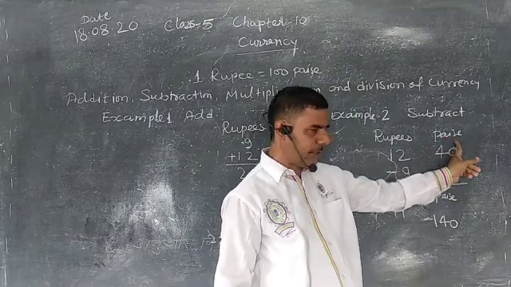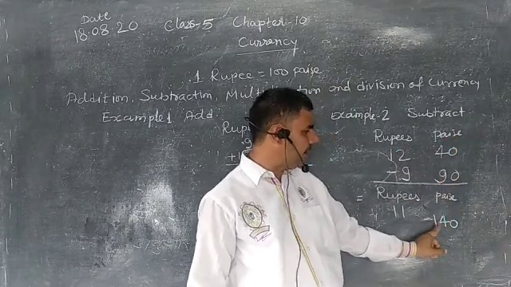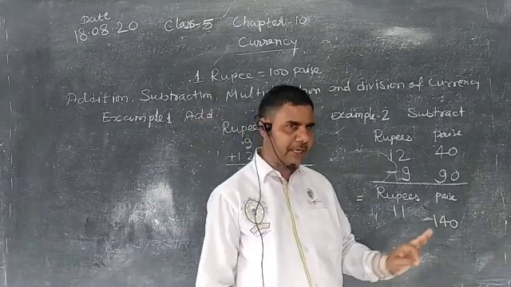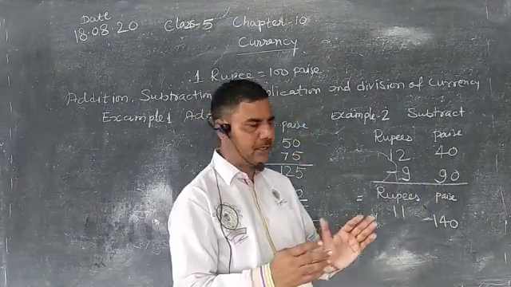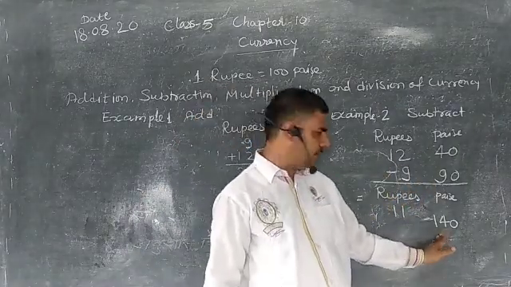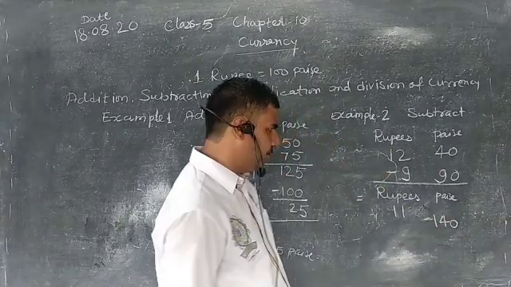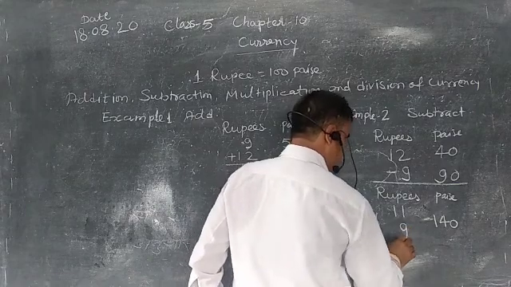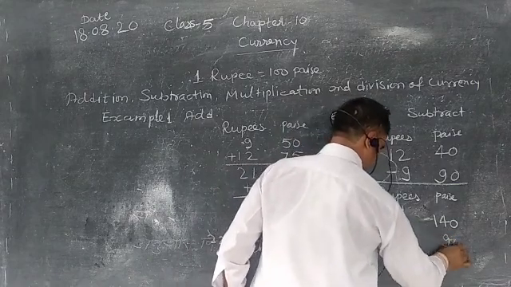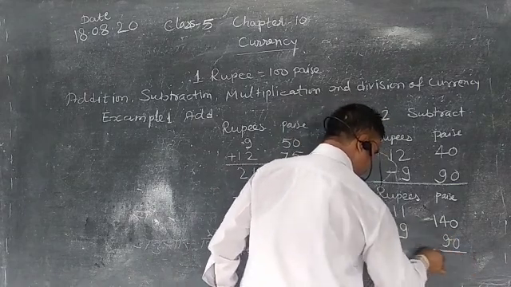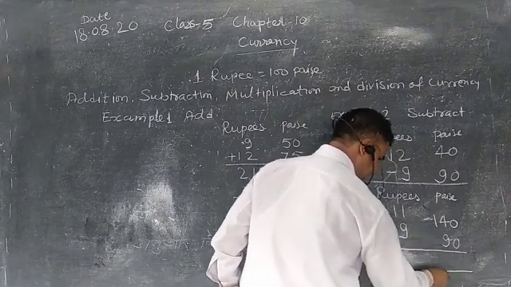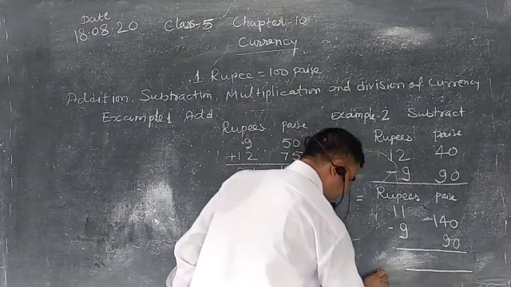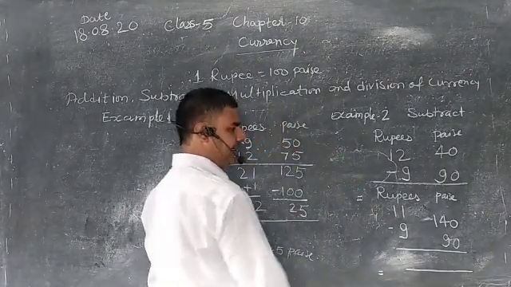So the paise column becomes 140 paise, because 40 already existed, and now we borrow 100 paise. 100 plus 40 becomes 140 paise. And we want to subtract 9 rupees and 90 paise. Now we can subtract easily and get the answer.